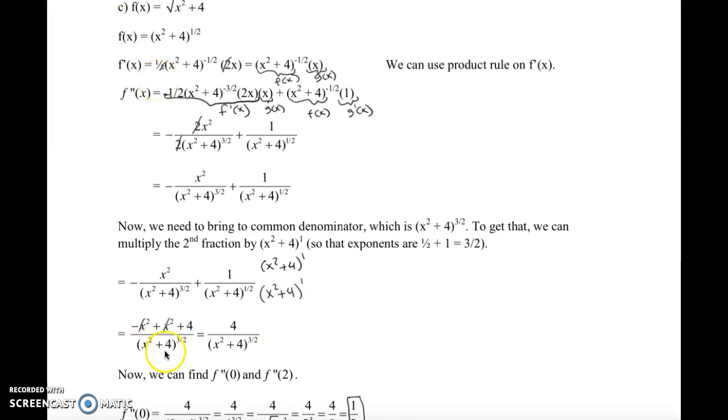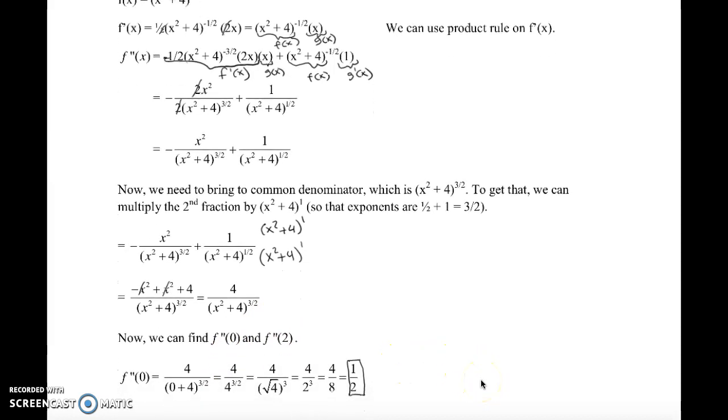All right, so our second derivative is just going to be this 4 over x squared plus 4 to the 3 over 2. So now we can find the values of our second derivative at 0. When x is equal to 0, we end up with 4 over 4 to the 3 over 2 power. Converting that back to a radical, we have the square root of 4 to the 3rd power.